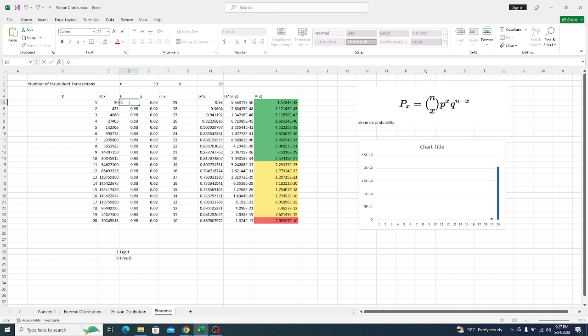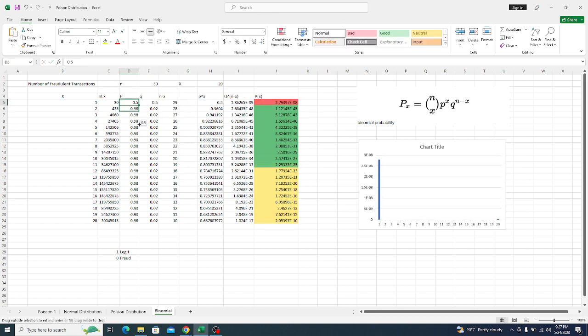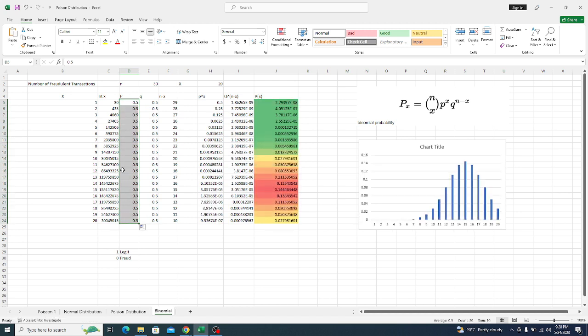Okay, what about when we say 50-50? Maybe we use 50-50 probability. So if it's a 50-50 probability, you can see we have almost evenly distributed transactions.